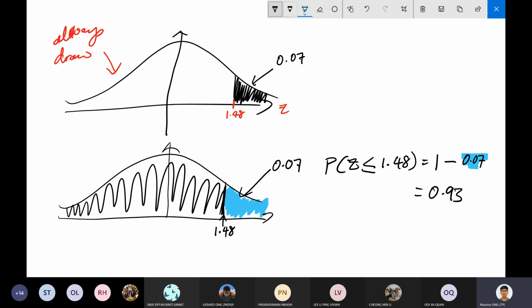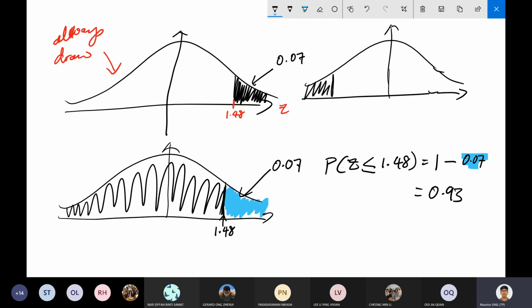Similarly, we can do the opposite. This is what we have done just now. For example, I want to find out this area, and here is minus 1.48. The normal distribution table doesn't give me this.